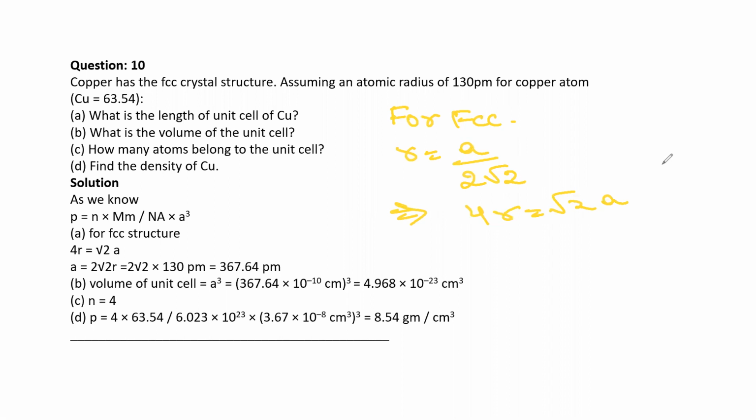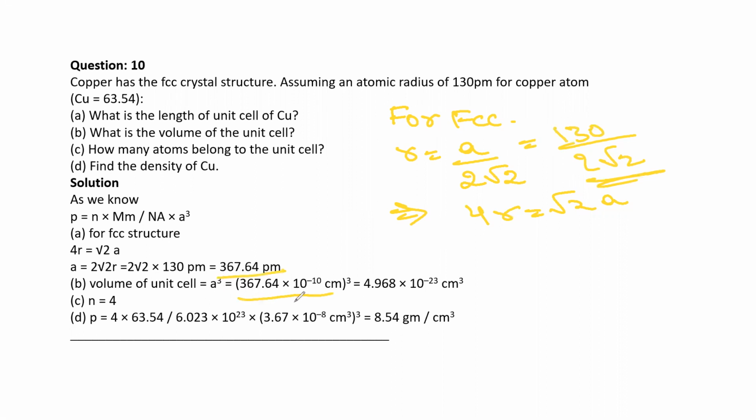By solving, a is equal to 2 root 2 r. Since r is given, we can find a, that is the length of the unit cell. So a is 130 into 2 into root 2. You will get the answer, and we got 367.64 picometers.